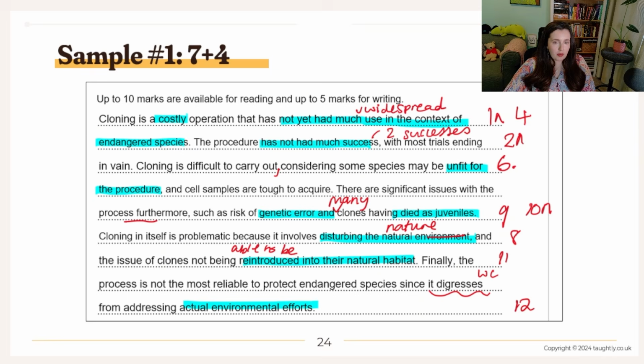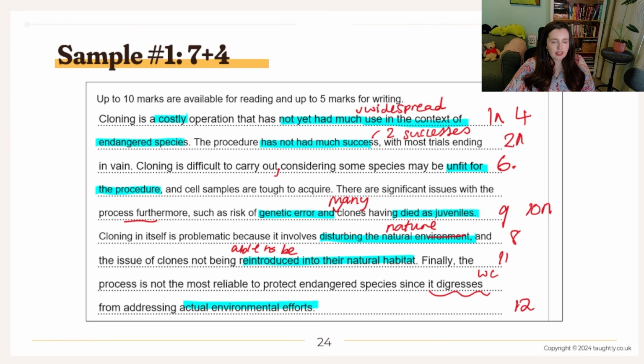Cloning is a costly operation that has not yet had much use in the context of endangered species. The procedure has not had much success, with most trials ending in vain. Cloning is difficult to carry out, considering some species may be unfit for the procedure, and cell samples are tough to acquire. There are significant issues with the process.